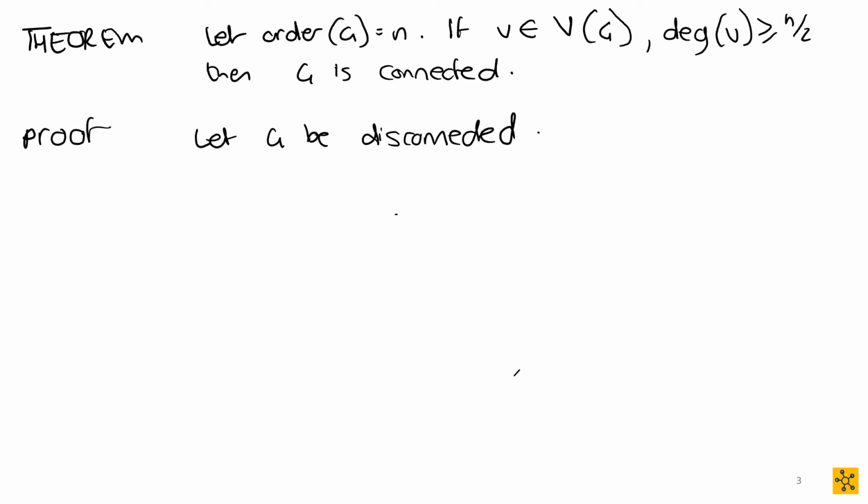So we already knew that if we have a disconnected graph, we have the components, and the smallest component has a degree of x less than or equal to n over 2 minus 1. So let's write that down. Let x be an element of the component of smallest order.